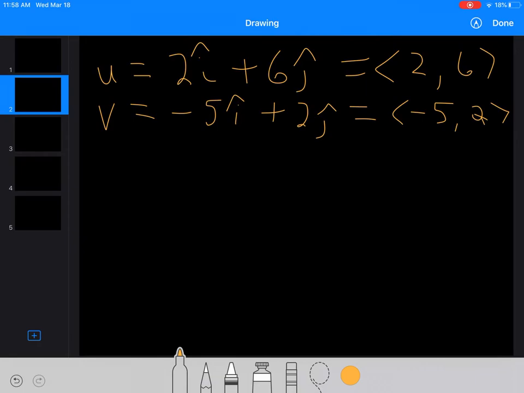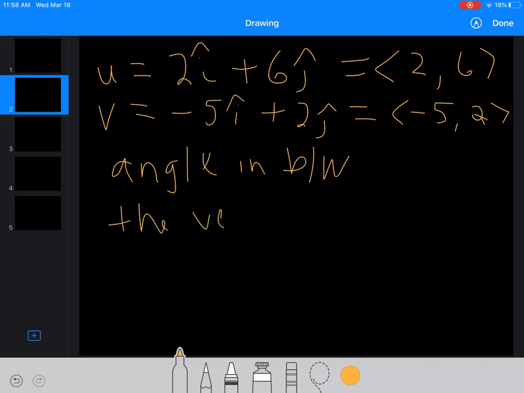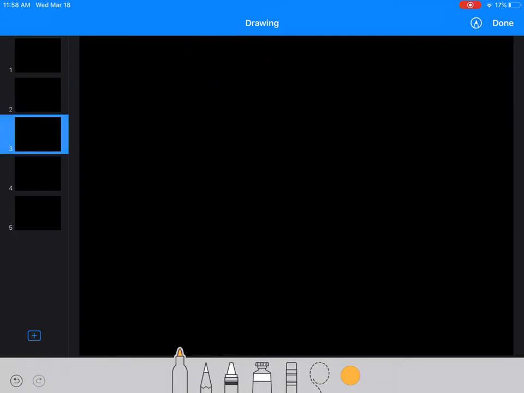So we're just going to find the angle between those two vectors there. So we're looking for that angle in between the vectors u and v. That's the problem we're working on.